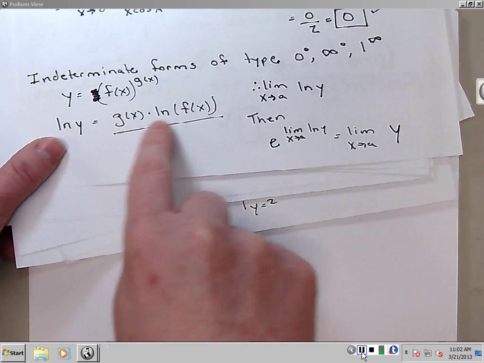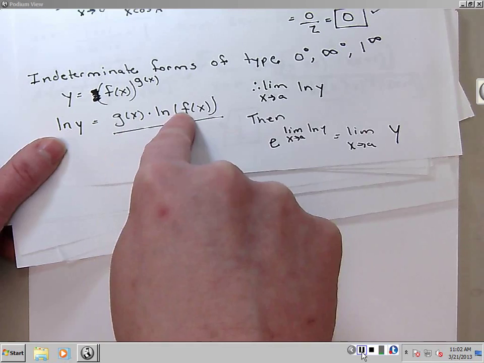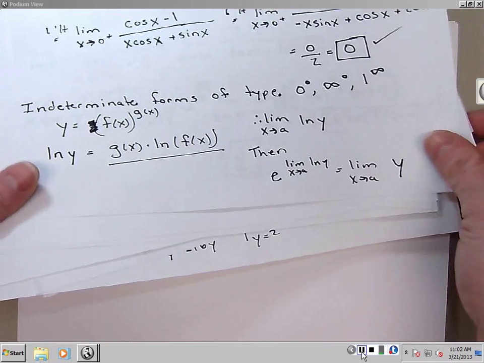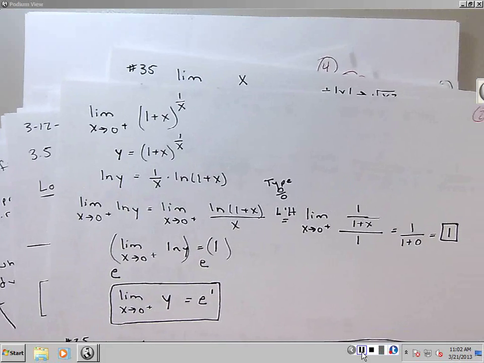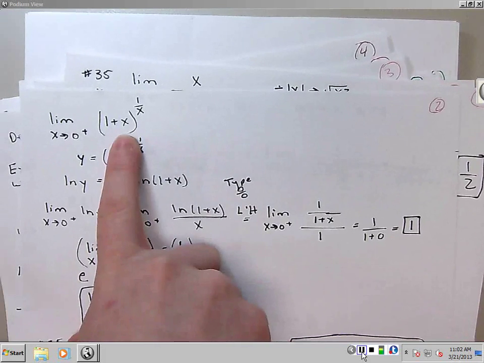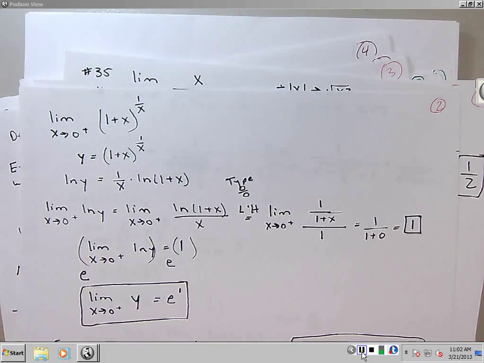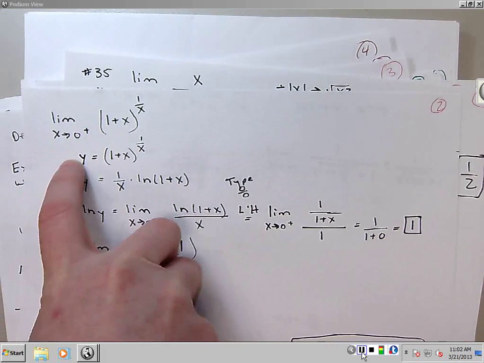Now when I'm in this form, I'm in an infinity times 0 type of indeterminate form. An example of that: in this case, we know this limit to be e. We've manipulated a lot, but to show that, we could write y equals this function.